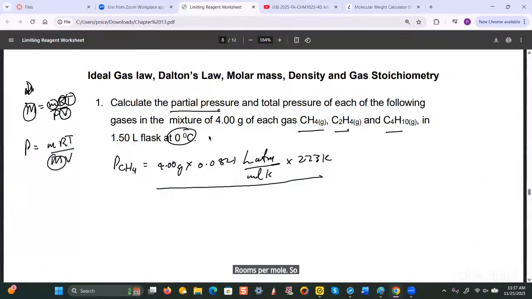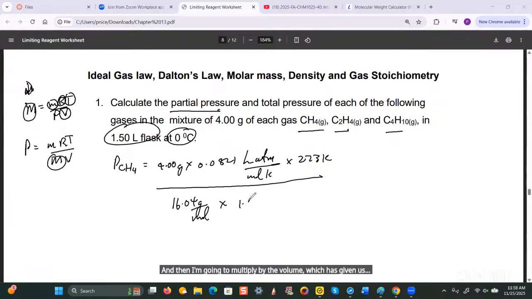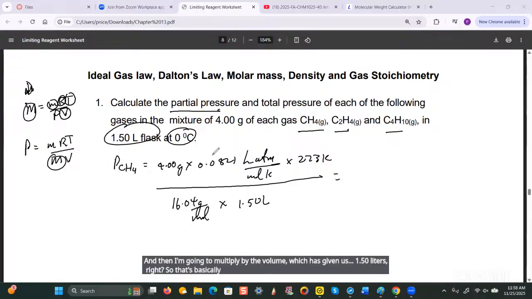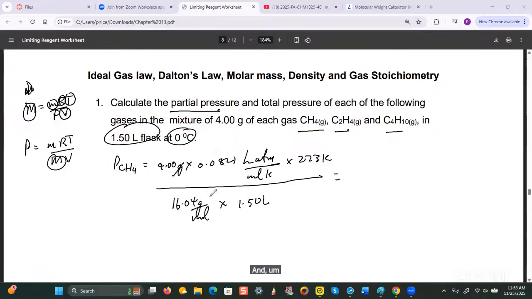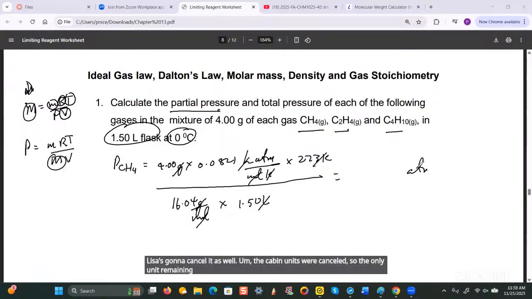So I'm going to put down here 16.04 grams per mole. And then I'm going to multiply by the volume, which is given as 1.50 liters, right? So that's basically the setup. And the units that will cancel would be the grams units there and there, the mole units here and here. Liters unit cancel out as well. The Kelvin units will cancel out. So the only unit remaining would be the atmosphere unit.